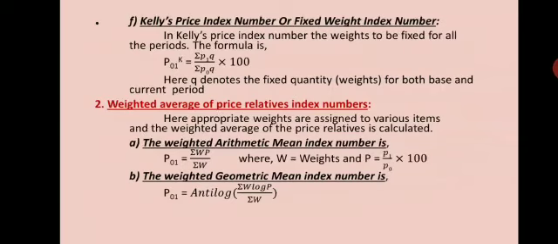The second method is the weighted geometric mean index number. The formula is P01, which is equal to antilog of summation W log P upon summation W. Here also W are the weights and P are the price relatives, that is P equals P1 divided by P0 into 100.